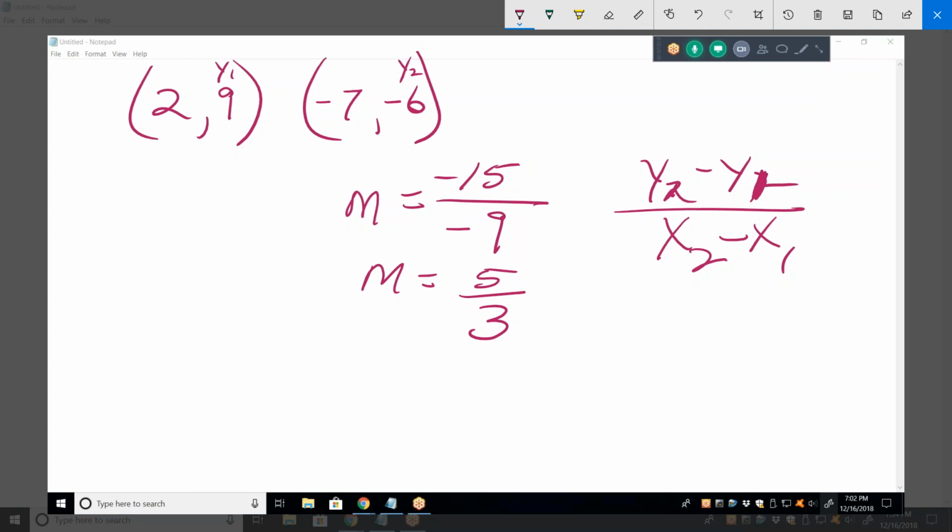The only problem with always doing it this way is sometimes you end up having to deal with two negative signs unnecessarily. In this problem, the arithmetic is safer if you do go y1 minus y2, because that gives you a positive number in the numerator and a positive number in the denominator. Whenever you can eliminate negative signs, you're usually better off.